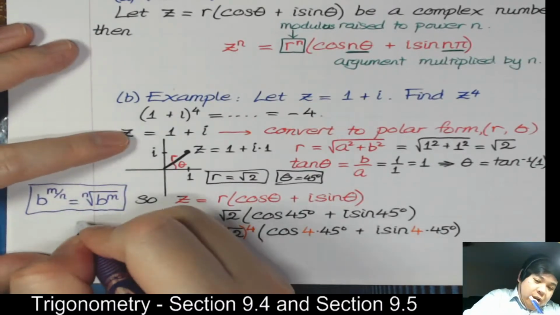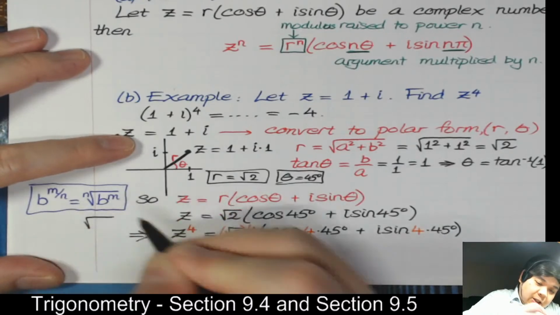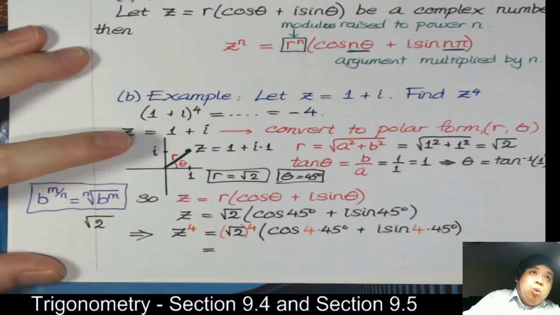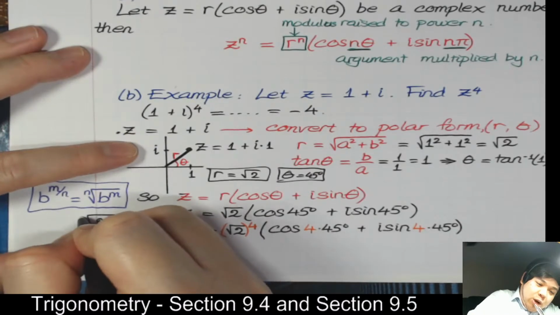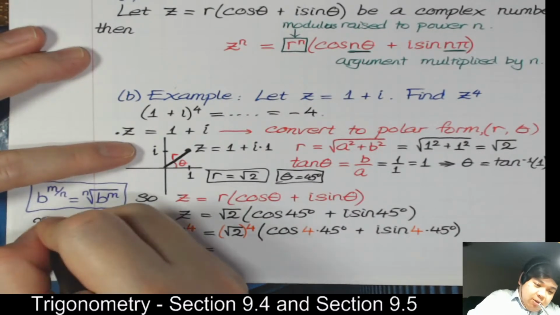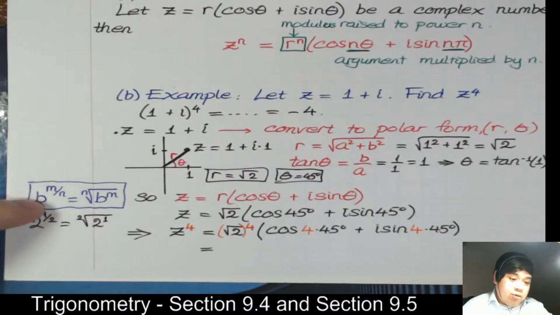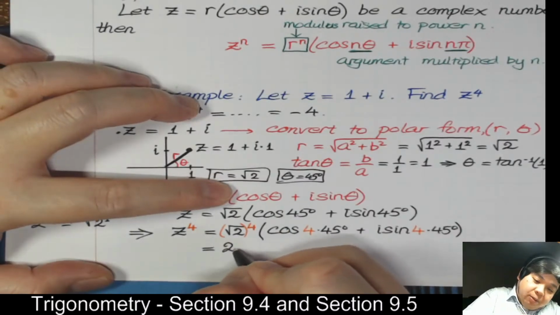So in that case, square root of 2 is 2 to the power 1, and the square root is 2. The power is on top, the index of the radical is at the bottom. So we use that formula, and that's what we have.